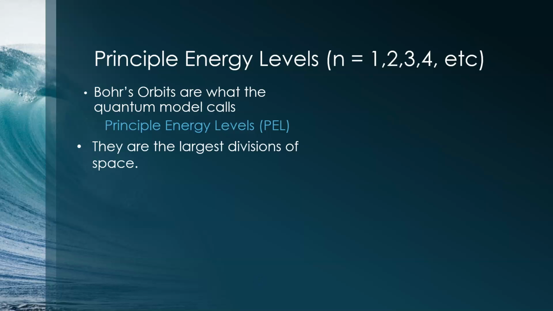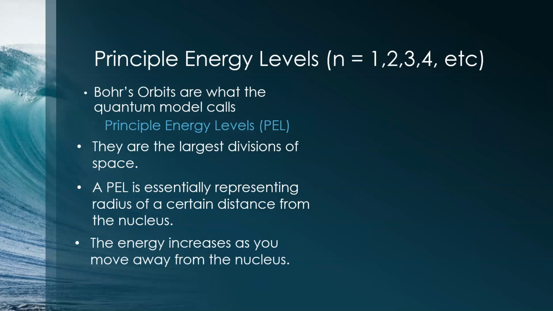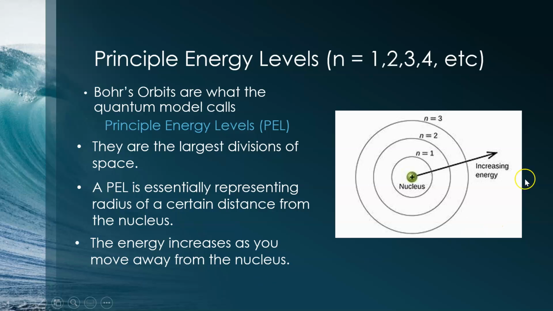They are the largest divisions of space, and really what they represent is a radius, a distance from the nucleus, all the way around the 3-dimensional part of the atom. And as you go from the closer rings to the further away rings, just like Bohr said, energy increases.